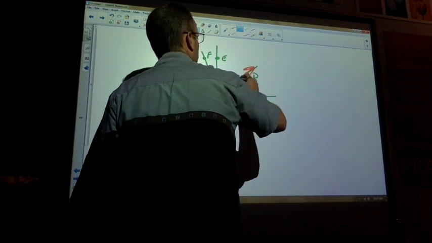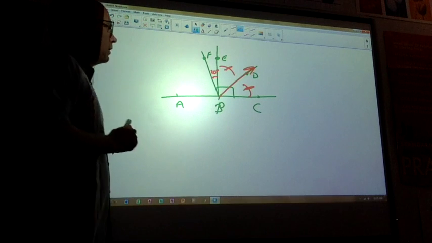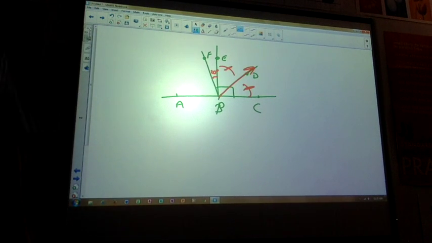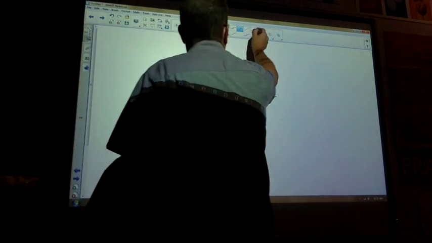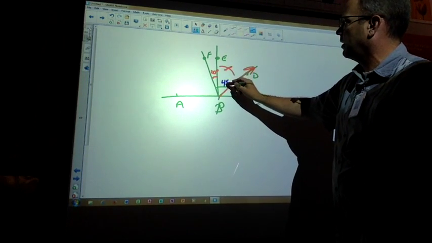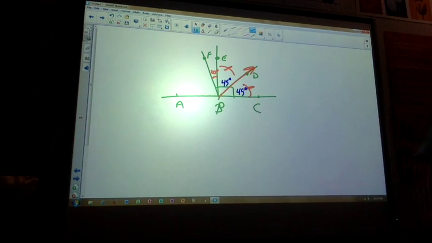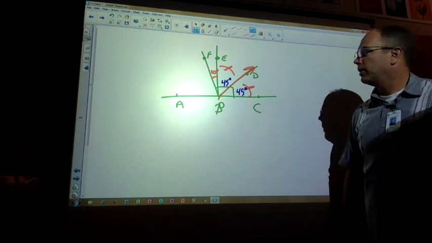So this is the bisector of this. So that means that this angle here and this angle here are equal to each other. Let's see if we can find the remainder. Okay. So with our diagram, if we know that that bisects, this angle here is 45 degrees and this is 45 degrees by definition of bisector. Okay, if we cut a 90-degree angle in half.